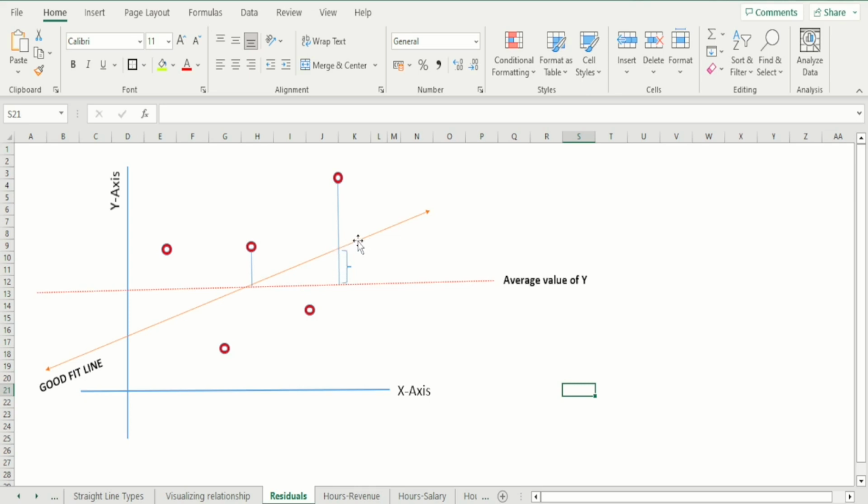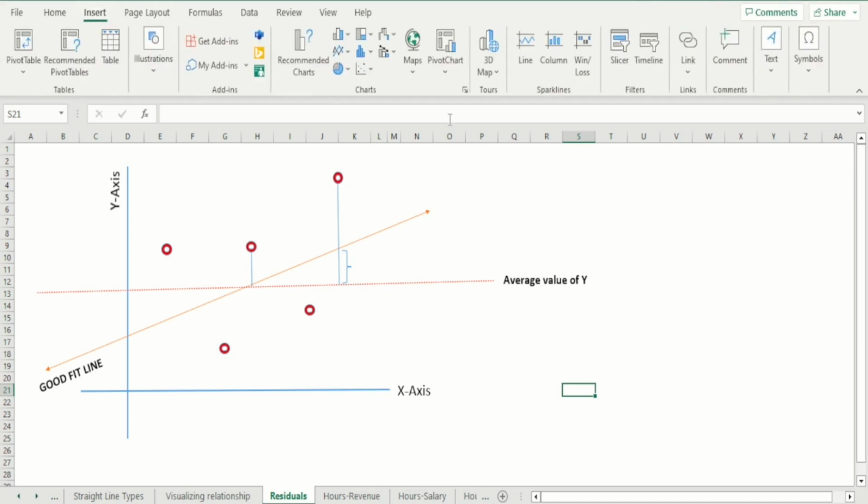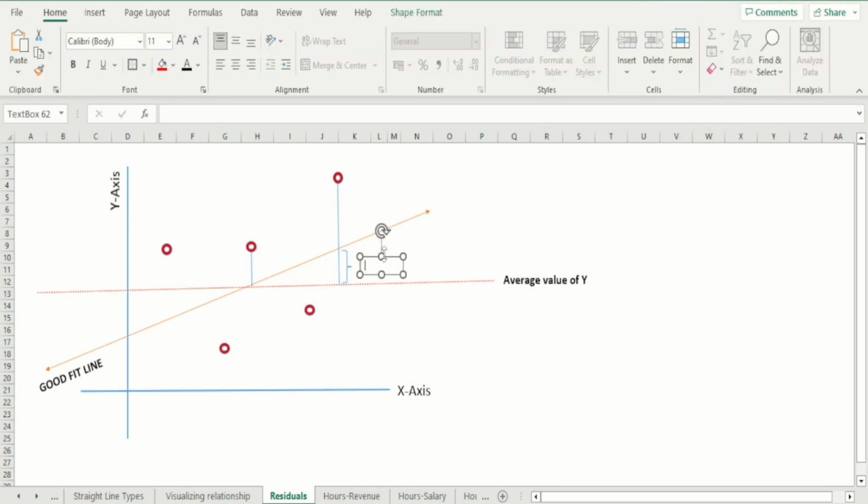Remember, any point on the good fit line is a predicted value of y. So this here is nothing but the difference between the average value as well as the predicted value. And this difference that you're looking at right now is known as the explained variation.